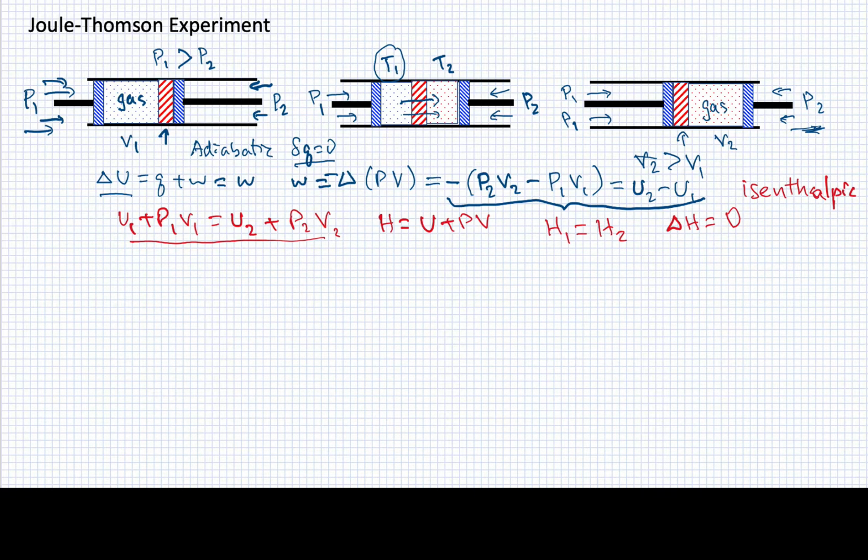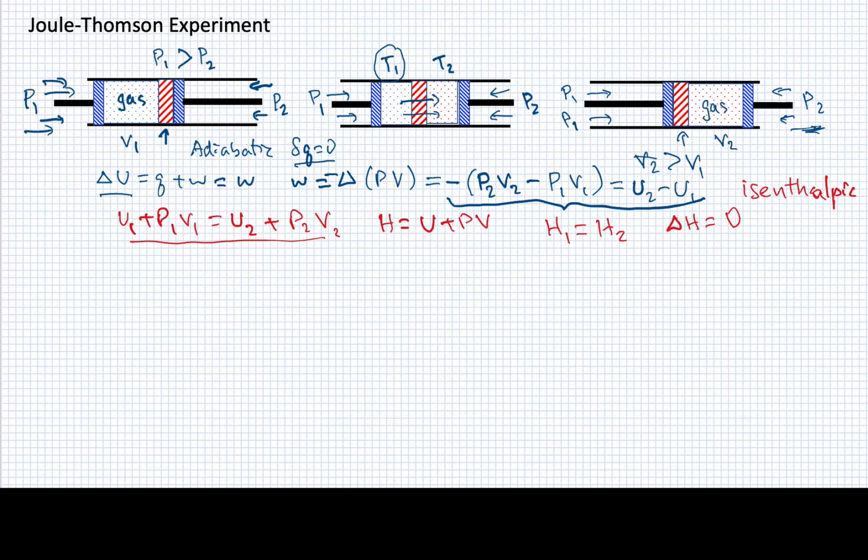This is very unusual, and I will say that in nature we don't really have many circumstances where we might see an isenthalpic process. So this is a purely artificial process put together by this experiment, and it's an artifact of this experiment. Now, what is observed in this case?